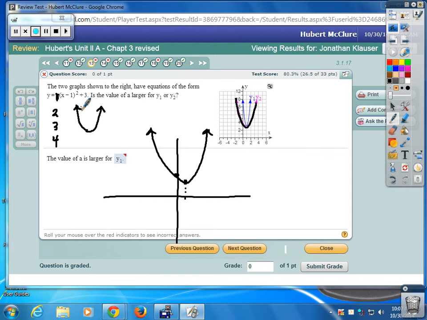It compresses it, right? So y sub 1 is going to be larger than that one right there. Now that's the way I see how to answer the question. So it should be larger for y sub 1. Yes, it should be larger.